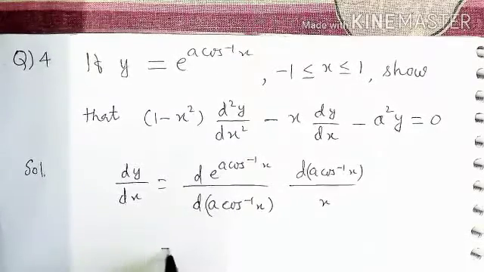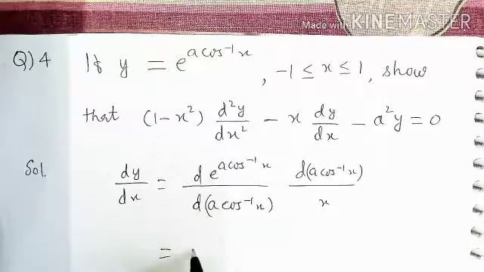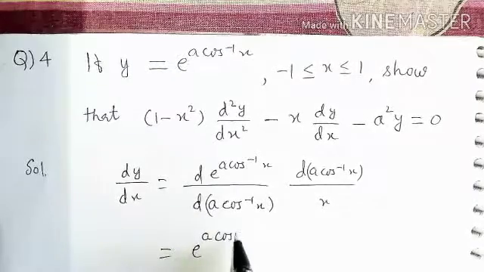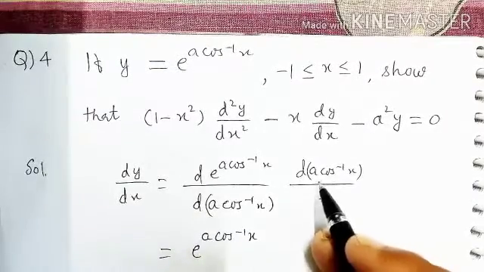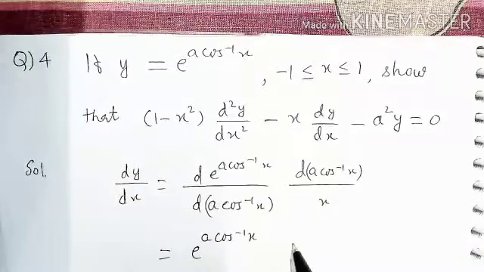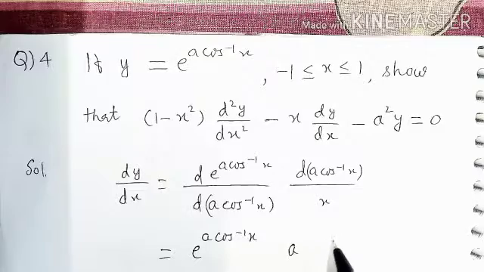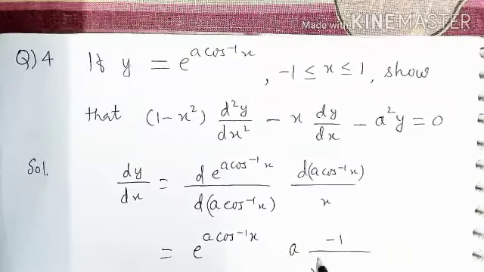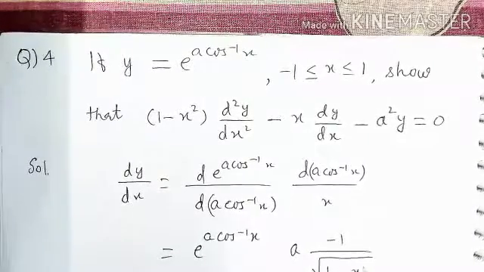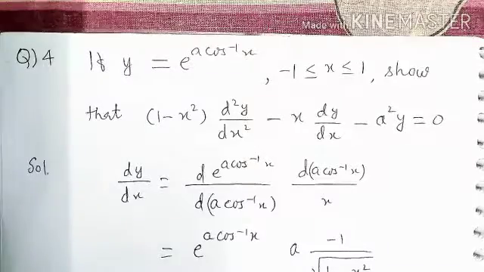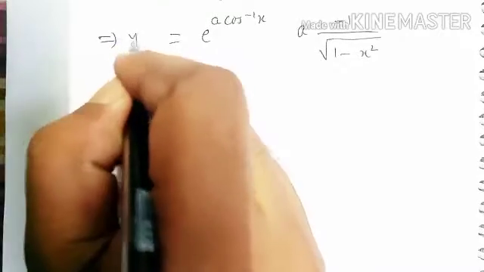We know that the derivative of e to the power x is e to the power x. Here a into cos inverse x, so a, and the derivative of cos inverse x is minus 1 by square root of 1 minus x square. So we have y1 equal to this.